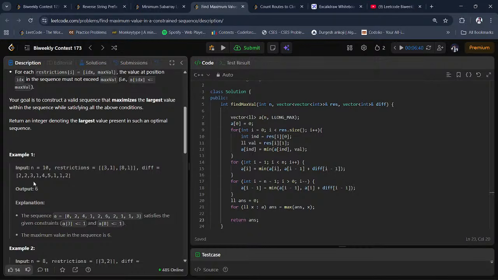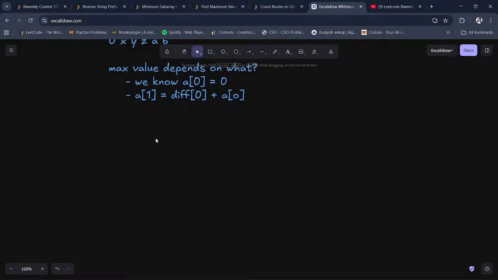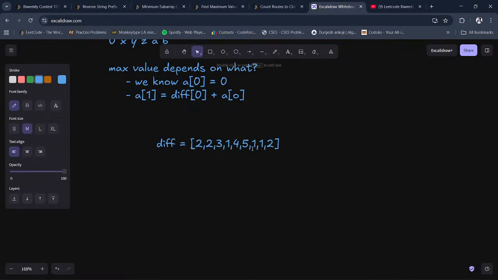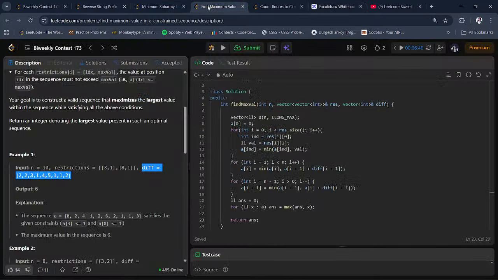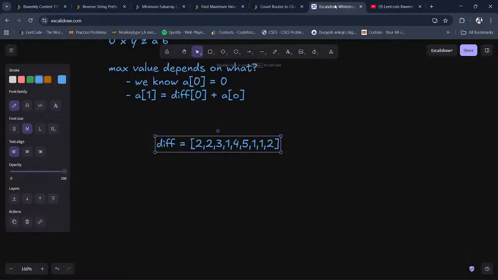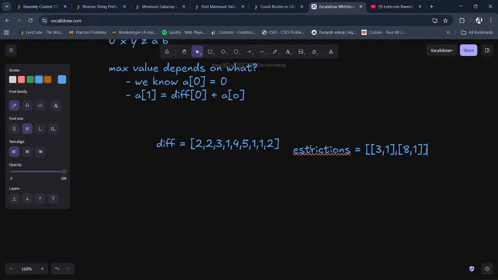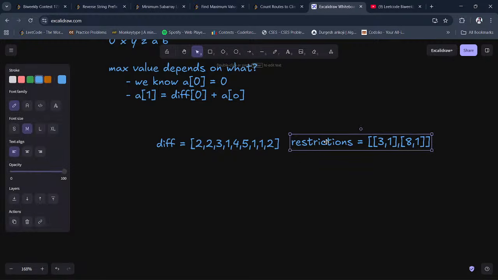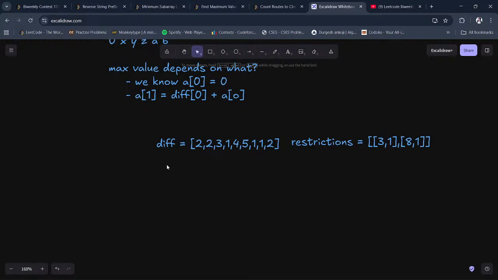You can assume this as my example. So this is the difference array, and this is the restrictions array.